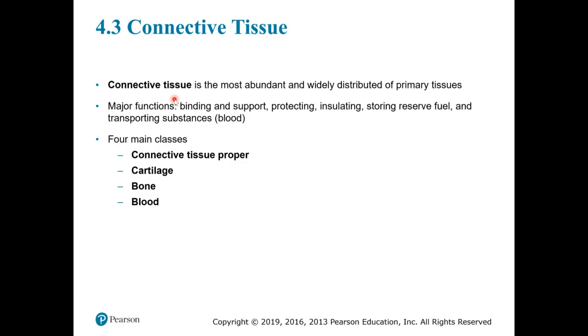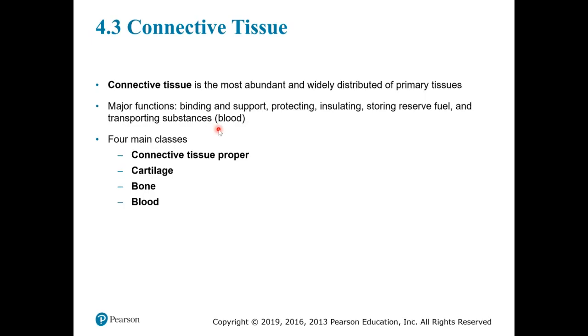As its name implies, its main function is to bind different structures together, support other structures, protect and insulate. That's usually the role of fats, as well as adipose tissue, storing reserve fuel as triglyceride.